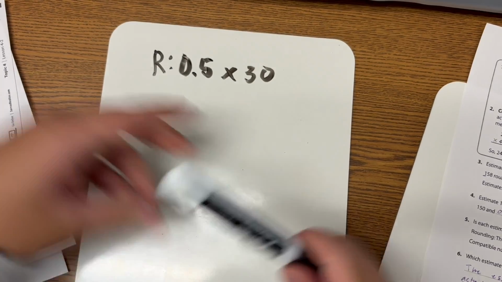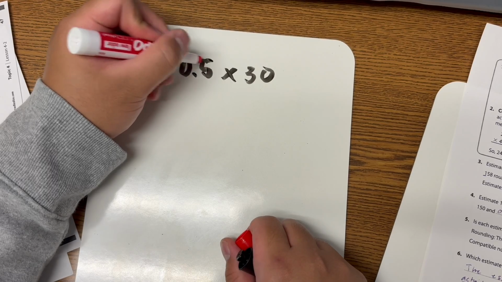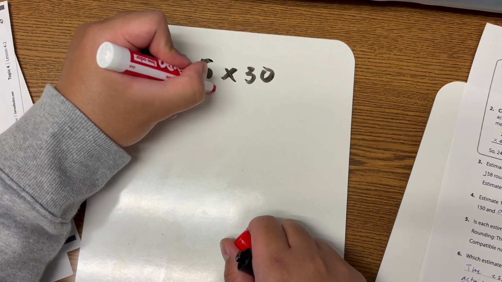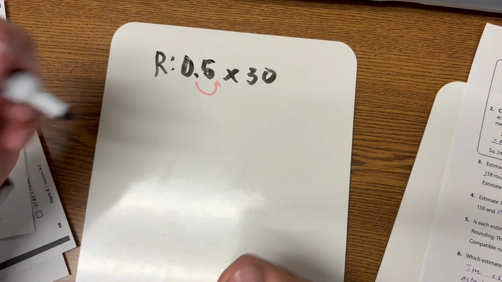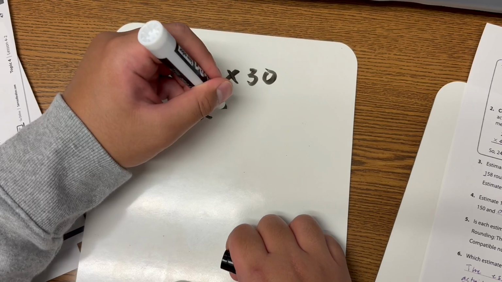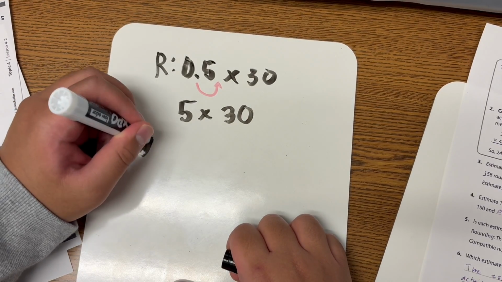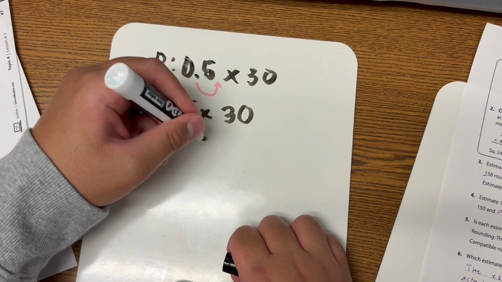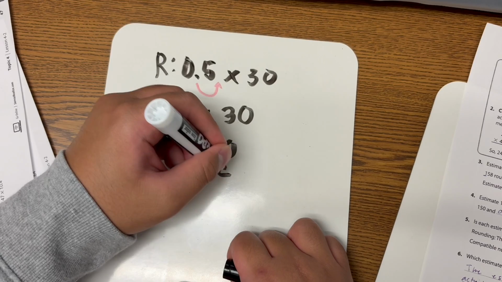We need to move our decimal point to make our 5/10 a whole number. We're going to move one space to the right. That should make it 5 times 30. When we apply the standard algorithm, we are used to seeing the bigger number on top, so that's what we will write this as.